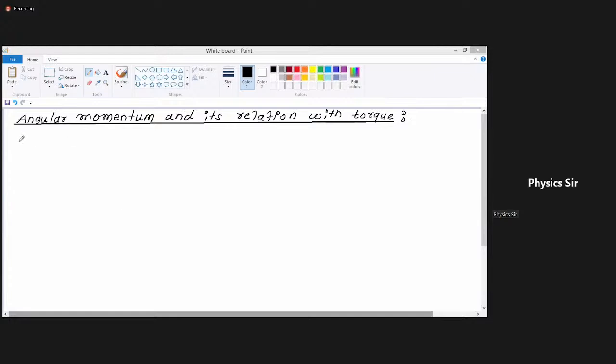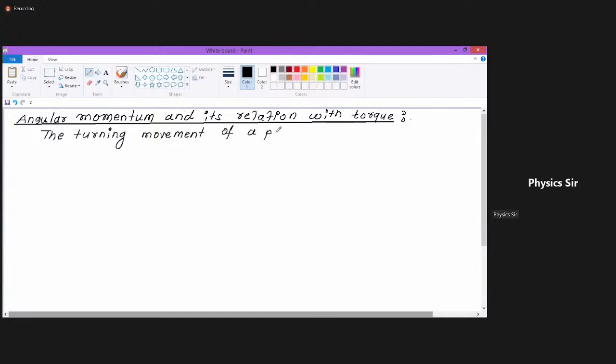So I can say the turning movement of a particle about the axis of rotation is called angular momentum.